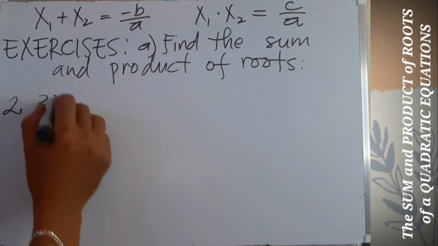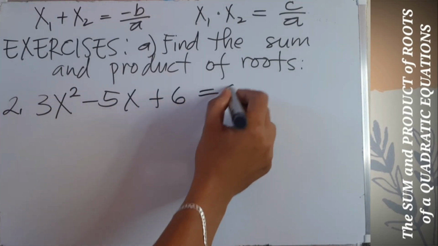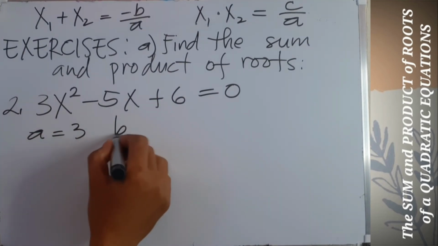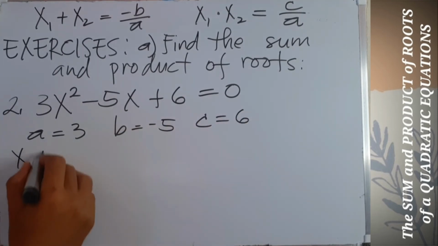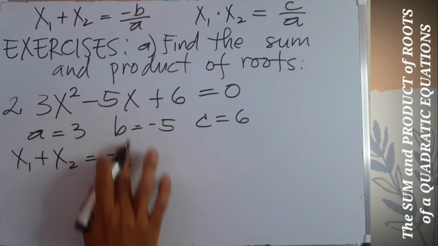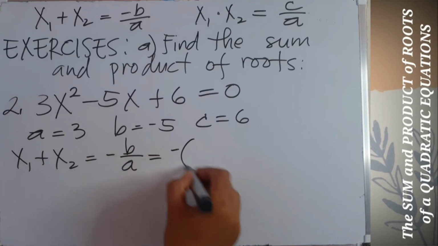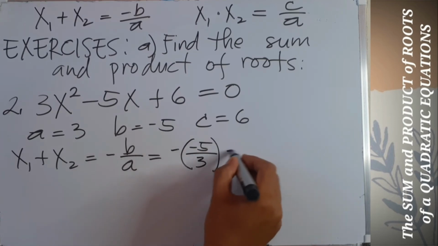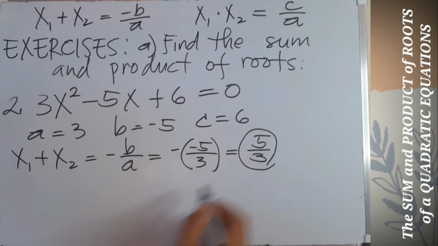Number 2, 3x squared minus 5x plus 6 equals 0. A again is 3, B is negative 5, C equals 6. Sum: negative B over A, negative 5 over 3 equals negative 5/3 is the sum.